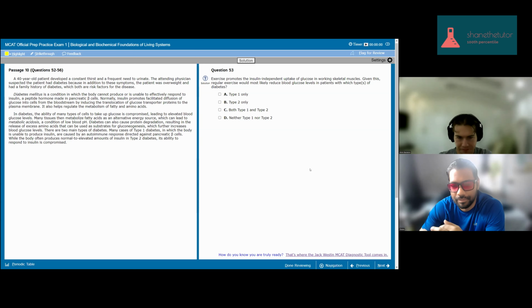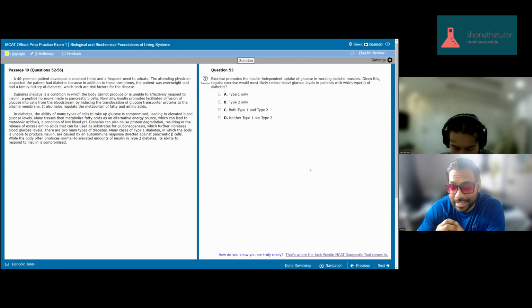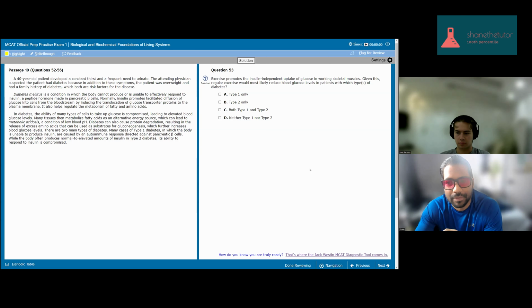Can you repeat that? So if it's saying that exercise helps this glucose uptake happen without needing insulin, it doesn't mean that it doesn't happen if you do have insulin. It just means that you don't need insulin for it to happen. It's similar in wording to the previous problem.